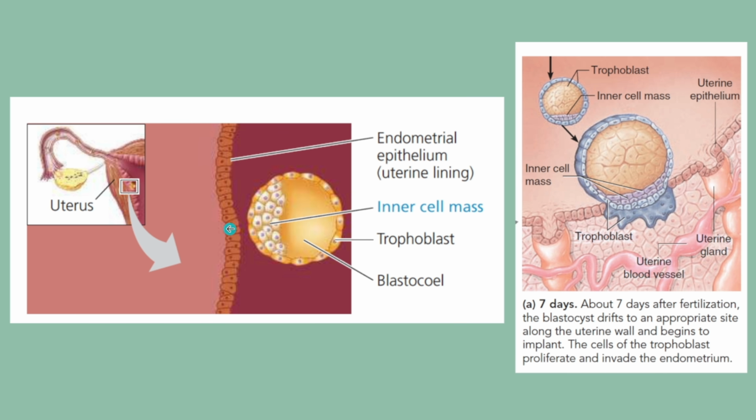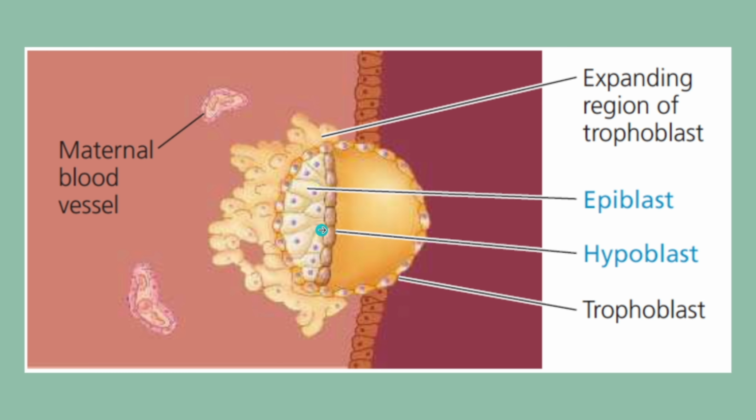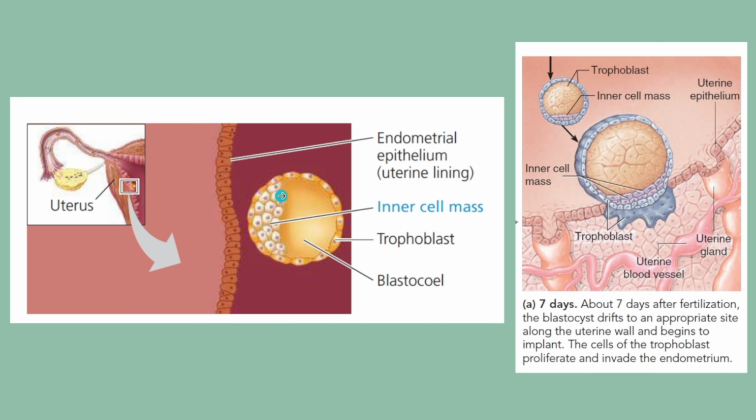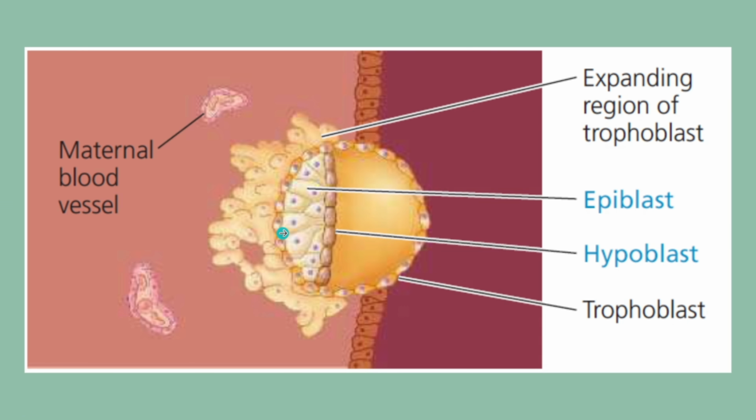You need to know this is still a cell. So how can the blastocyst directly enter inside the cell? They need the trophoblast to secrete hydrolytic enzymes so that the whole structure can be embedded into the endometrial wall. Finally, the whole blastocyst will enter inside the endometrial wall.